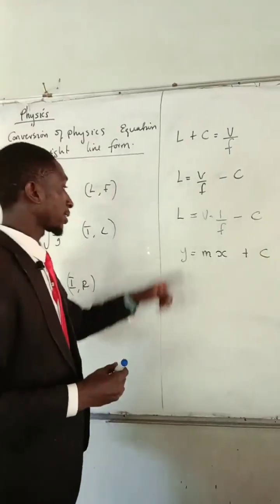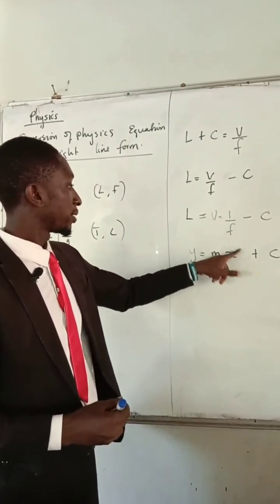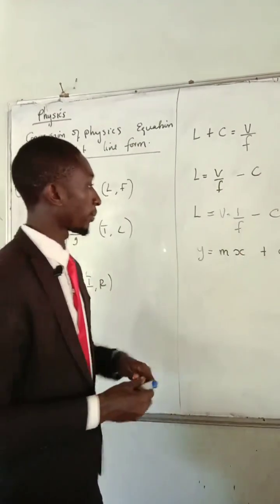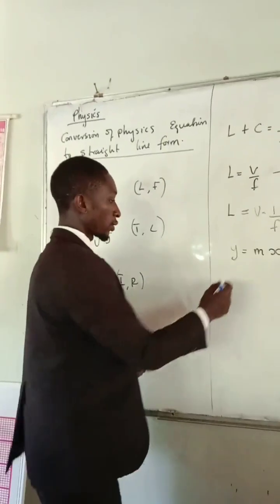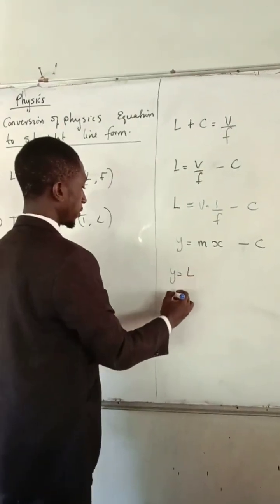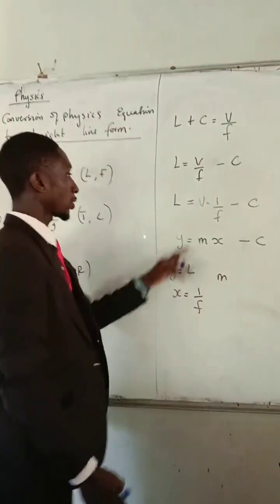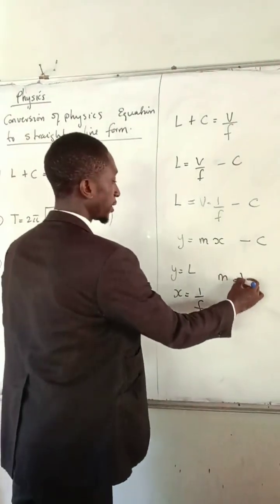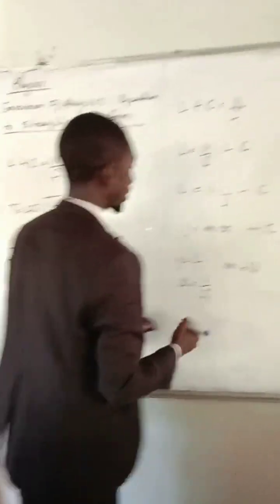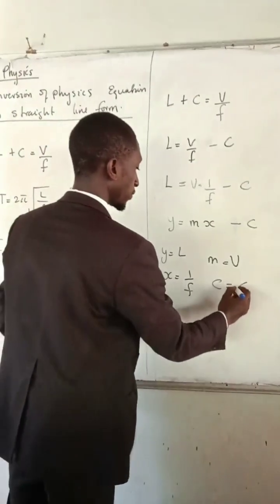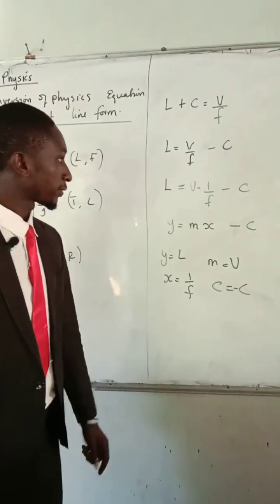Based on this, you can see that L is Y, M is V, X is 1 over F. Then because here is a plus, we change this to minus C. So our Y component is L, our X component is 1 over F, our slope is V, and the graph will have a negative intercept, which is the same thing as C. So that is that for this.